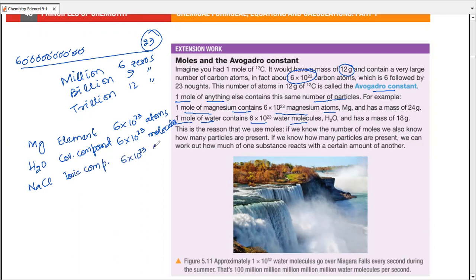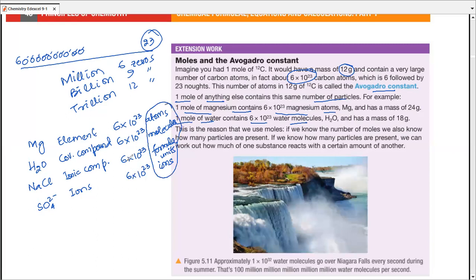We say formula unit because it has a big lattice. I can't use the word molecules with it. If I talk about simple ions, now these are ions. This is not even a compound. So I have to really use the word ions. So this becomes a set of four different words.